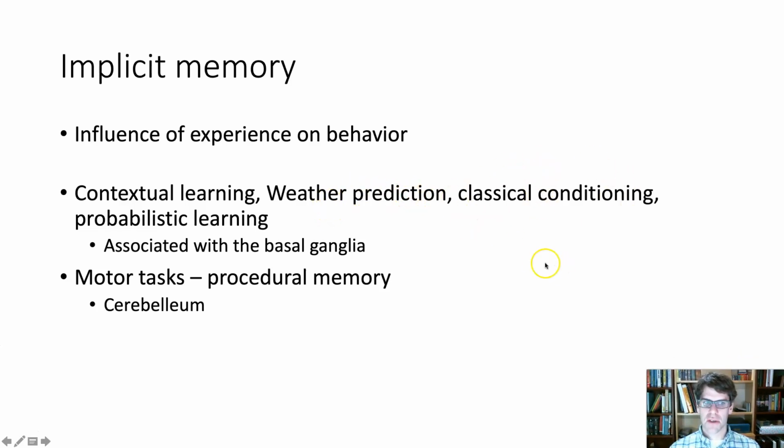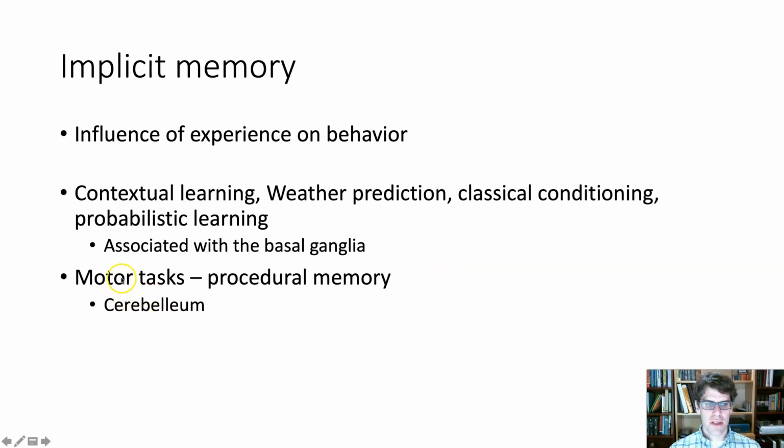Same with the classical conditioning we just talked about, and things called probabilistic learning, which we do an awful lot of. If you played sports, you're generally familiar with this: you know what to expect just because you've seen something repeatedly. All of these tend to involve largely the basal ganglia.